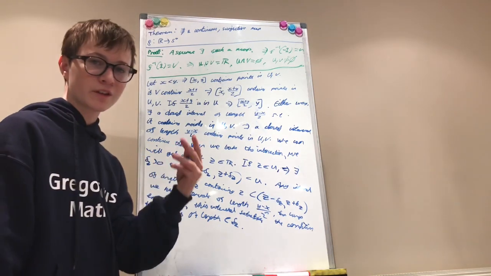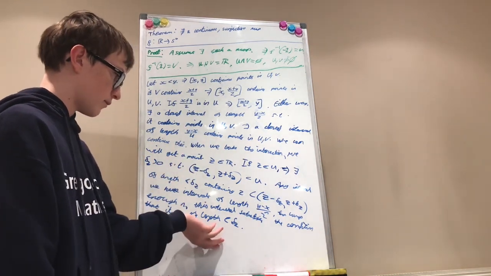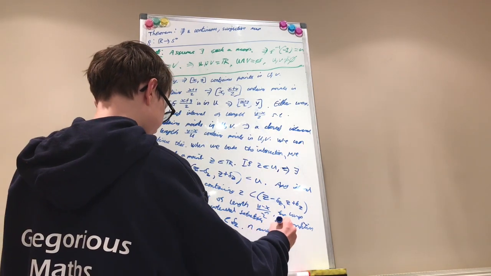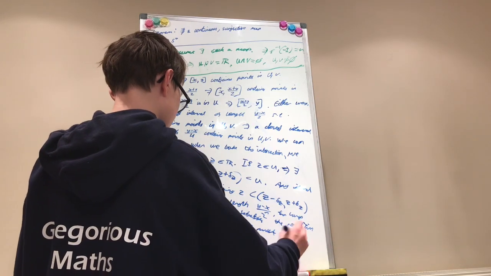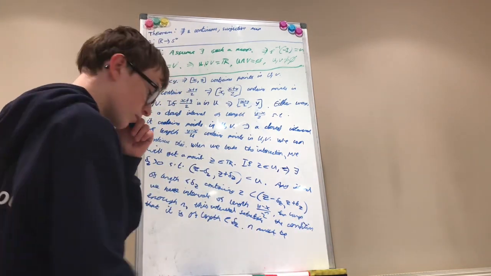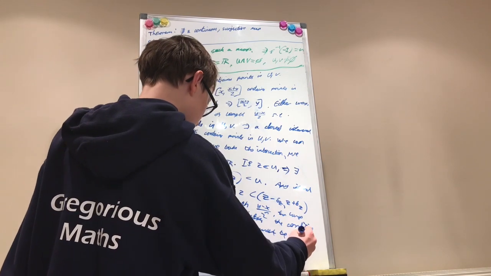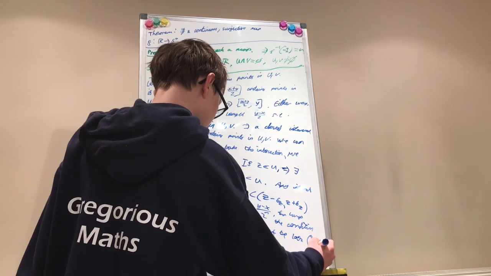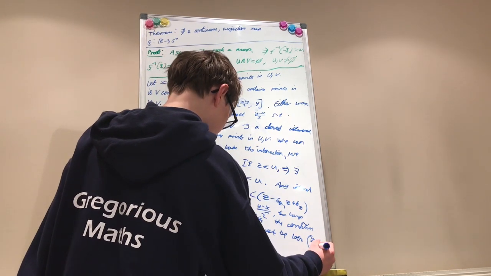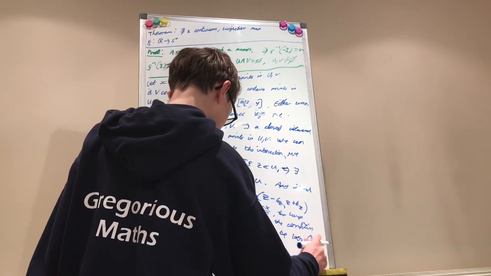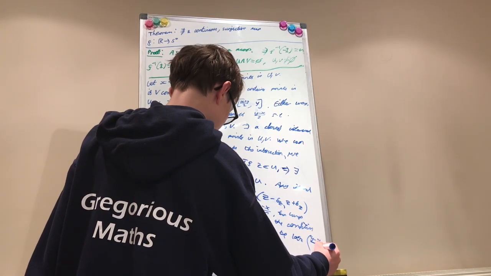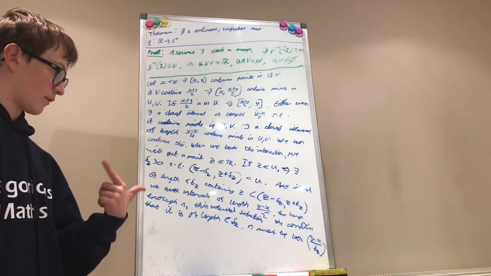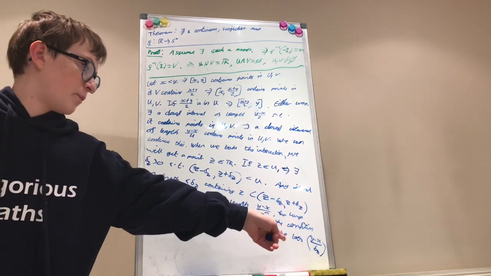But how large exactly does n have to be? Well, n must be log base 2 of (y minus x)/delta z. Sorry, delta z. That should be pretty obvious, right? That's how big n must be.